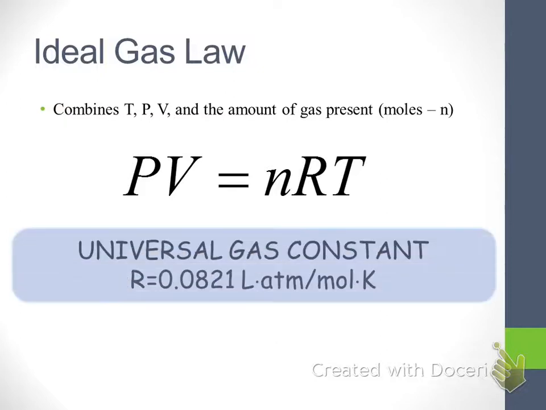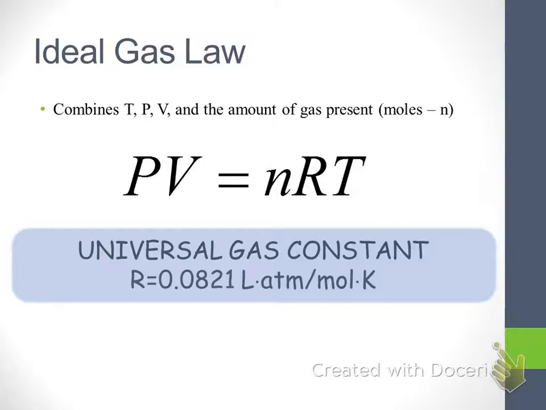All right, here is our constant for the ideal gas law, R. The reason that I like to use this R is the units that go with it. We like to have liters, atmospheres, moles, and Kelvin. We like to have all of those units.